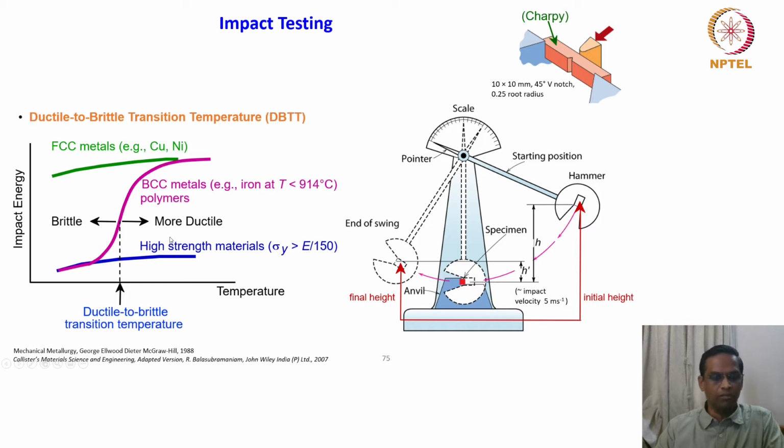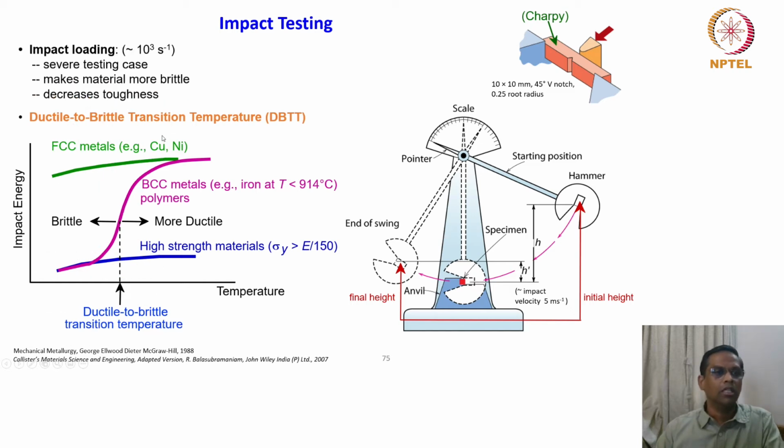That is quite an important test. So why do these materials behave like this, and why do some materials behave like this? We need to understand this. Typically, impact loading is in the order of 10 to the power 3 per second. We have seen these numbers previously in the one table I have shown, with the various rates of loading, from the tensile to impact to very high strain rate tests and all.